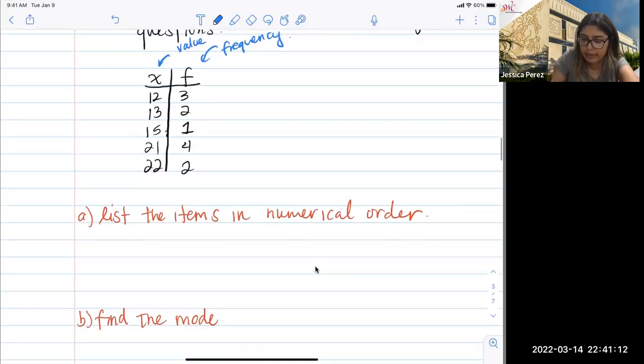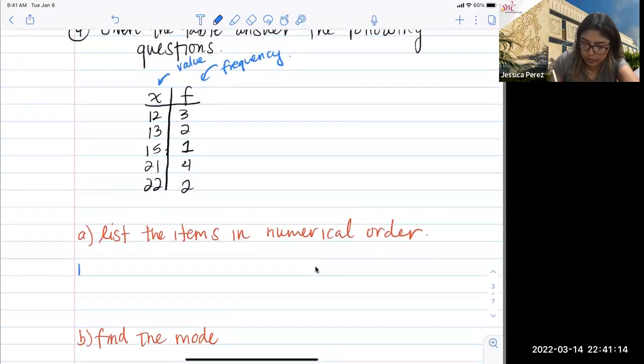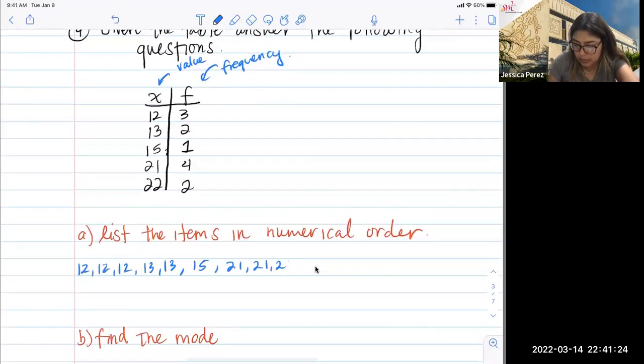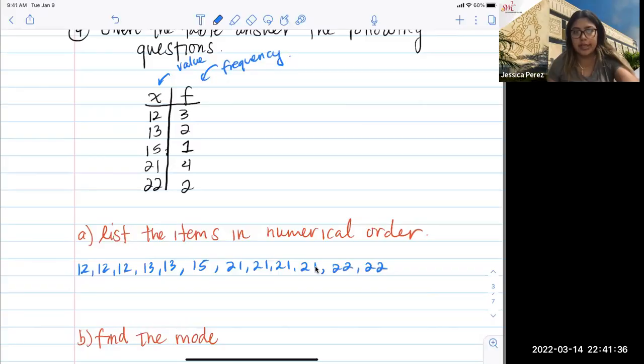How many 12s? I have 3 12s. I have 2 13s. I have 1 15. I have 4 21s. I have 2 22s. And this is all you have to do, in numerical order. That is part 1.